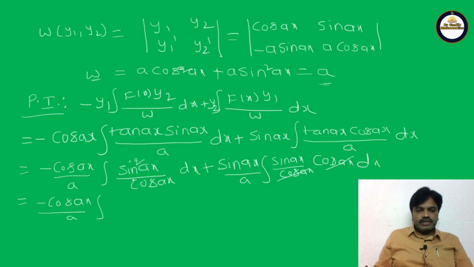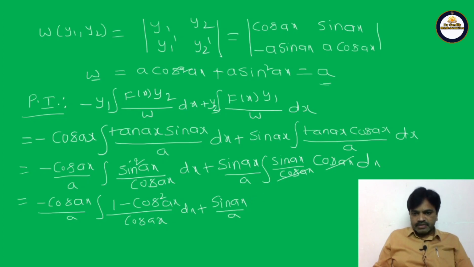This sin square ax can be written as 1 minus cos square ax by cos ax into dx plus sin ax by a.